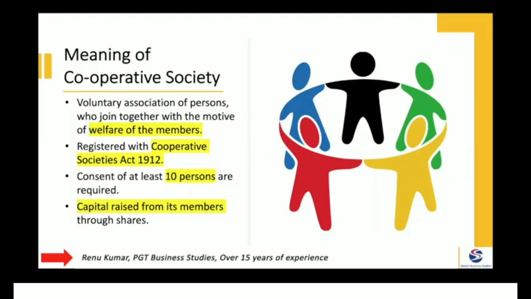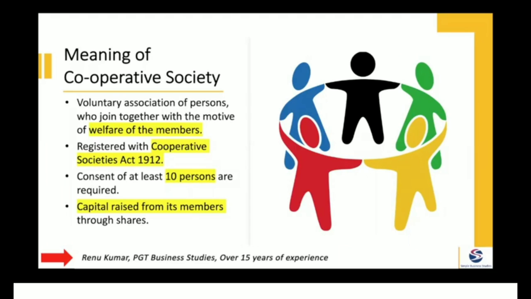So the main idea here is that at least 10 adult people would together form cooperative societies, where the capital would be brought by each member. Minimum 10 members have to be there, maximum can be unlimited, but minimum 10 adult people should be there. Each one of them would be contributing capital for the establishment of this cooperative society.